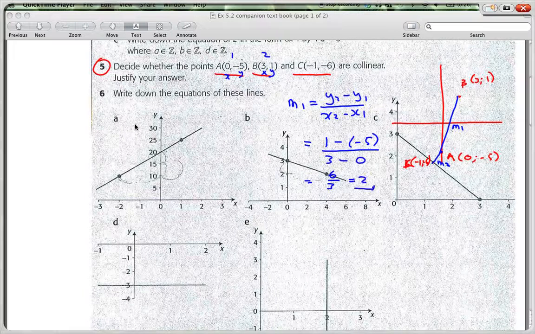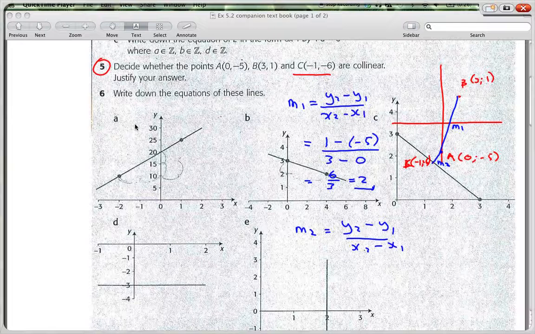For your M2, same thing over here. You're going to have Y2 minus Y1 over X2 minus X1. I need to again decide which of these is going to be your first and second points. This is point C to A. I'm going to call A point 2 and C point 1.